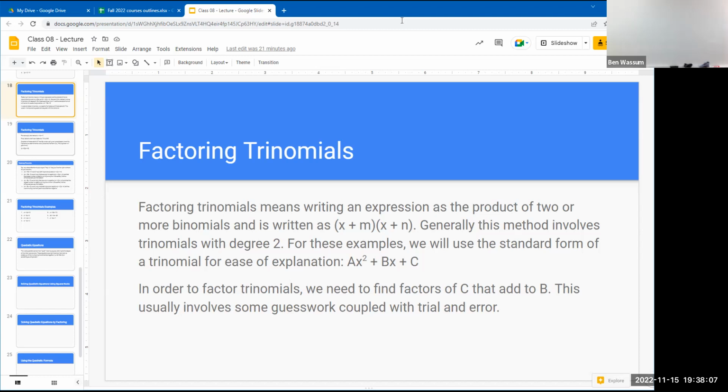So factoring trinomials is writing an expression as the product of two or more binomials and is written as x plus m times x plus n. So x and a number and x and a number, kind of like the difference of squares, right?